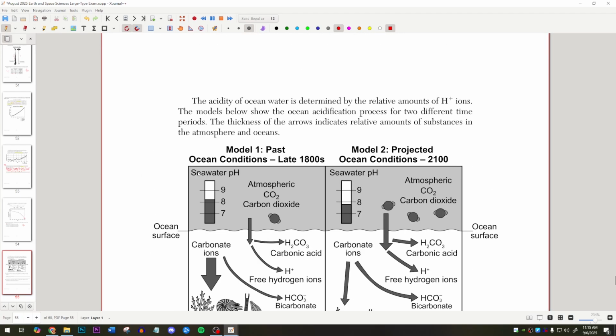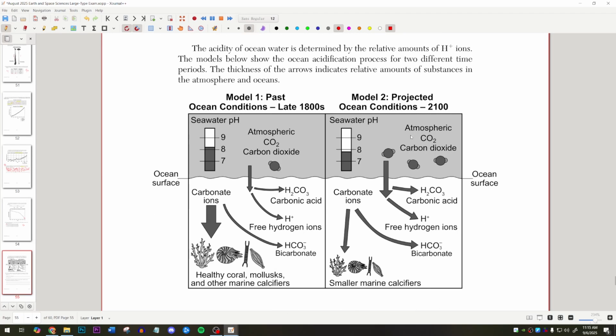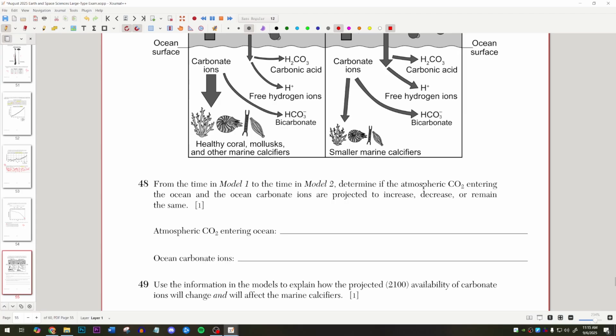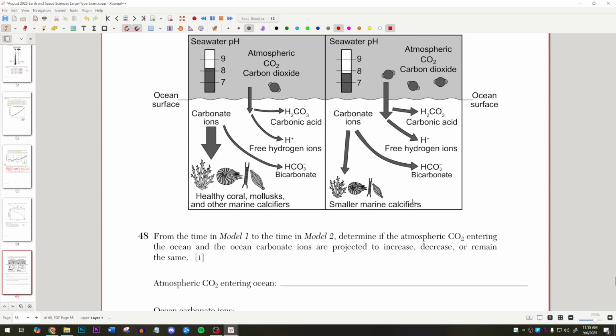Again, this is question 48, and this is too much for me to deal with, so I'm just going to read the question. From the time in Model 1 to the time in Model 2, determine if the atmospheric CO2 entering the ocean and the ocean carbonate ions are projected to increase, decrease, or remain the same. Okay, let's see.